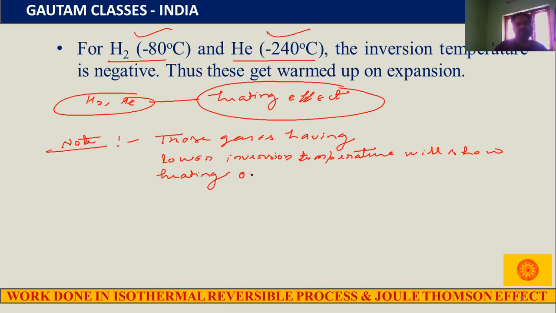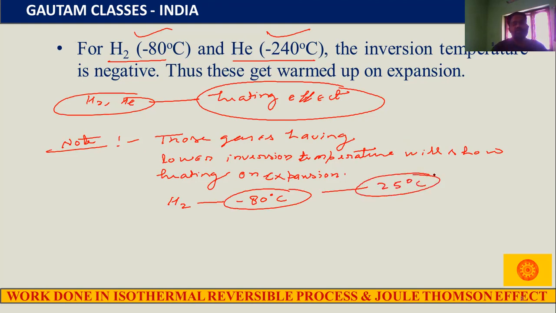For hydrogen, the inversion temperature is minus 80 degrees Celsius, which is less than the room temperature. So those gases having a lower inversion temperature than the room temperature show the heating effect on expansion.